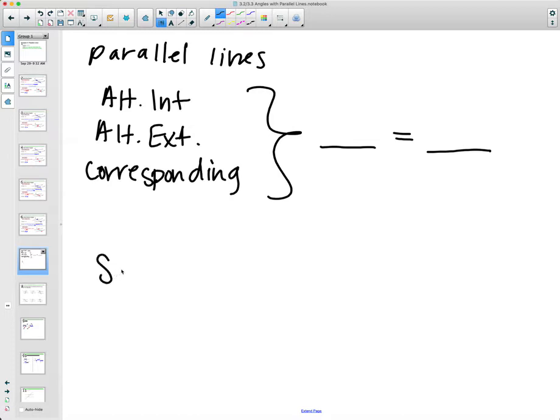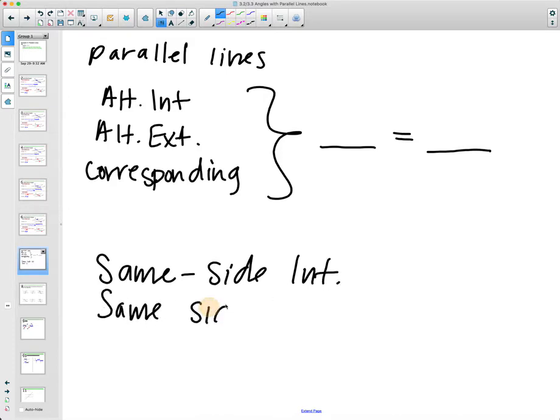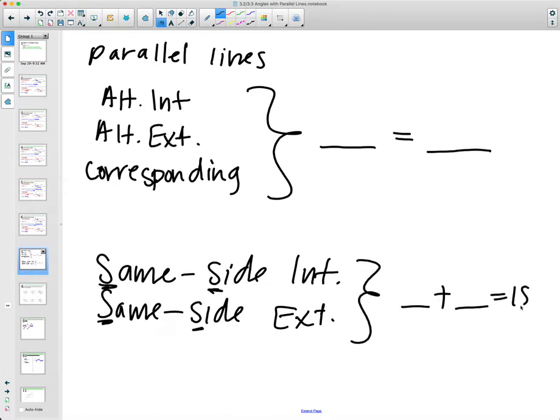Then the same side ones, same side interior and same side exterior, those are supplementary, so they add to 180. So those are kind of your two options. They're either equal to each other with parallel lines or they're equal to 180.